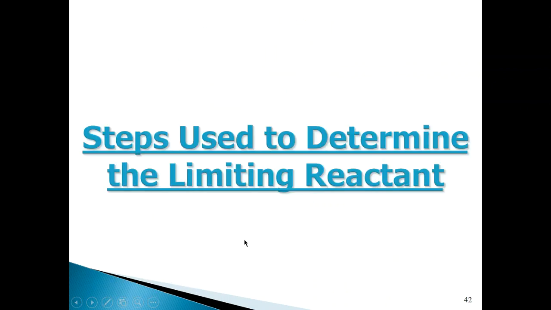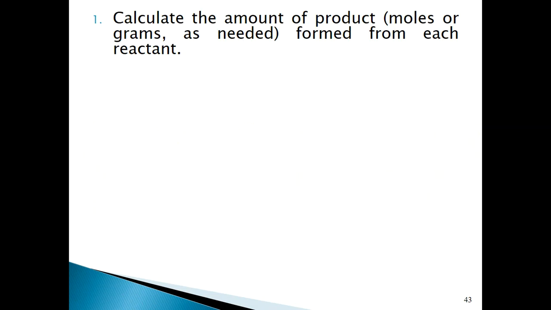All right, so how are we going to determine the limiting reactant in more complex situations? These are the steps that we're going to use to determine the limiting reactant in a reaction. The first step is that based on the balanced equation, you can calculate the amount of product, in moles or grams as needed, that is formed from each reactant.